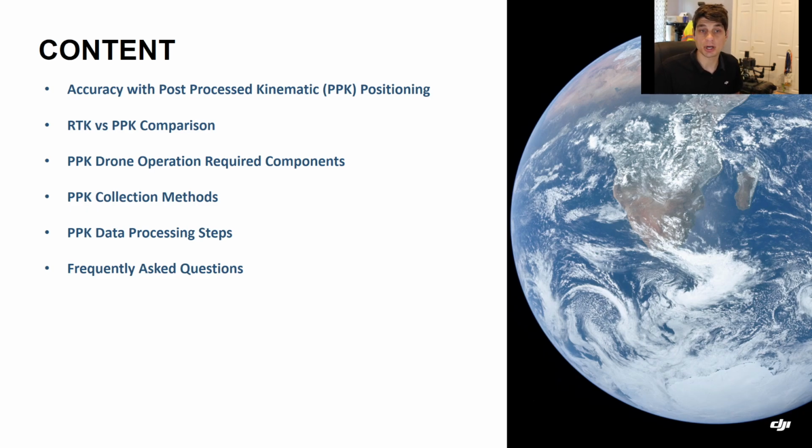We'll also be talking about the PPK drone operation, the required components for you to go out and do a survey with PPK. Also, the different collection methods where you can be getting corrections from, the PPK data processing steps and what that means in Terra, and then we'll be wrapping up with some frequently asked questions.